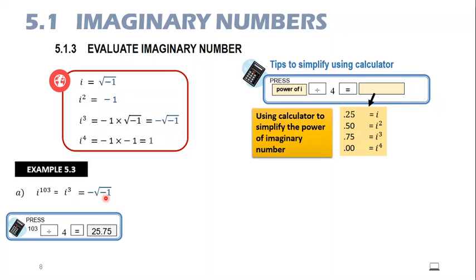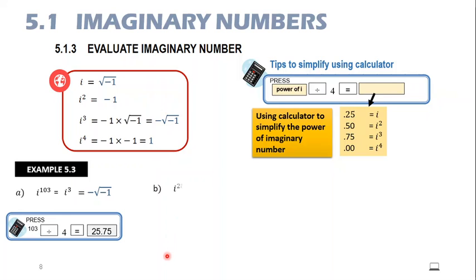So, gantikanlah dekat sini. Okay, nilai dia ni. So, this one you have to remember tu lah. Okay, normally tak susah nak ingat. Kalau kuasa 1, punca kuasa negatif 1, kuasa 2, negatif 1, kuasa 3, darabkan, akan dapat negatif, punca kuasa negatif 1, kuasa 4 ialah negatif 1, darab negatif 1, dapat 1.